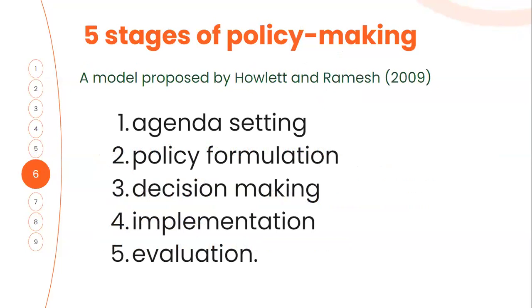In drafting or making any policy, there are 5 stages proposed by Wilt and Ramesh in 2009. And these are, first of all, let's set the agenda. And the second one is to formulate the policy. The third one is the decision making.